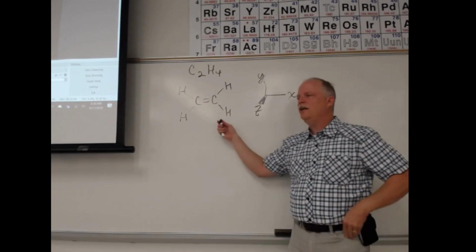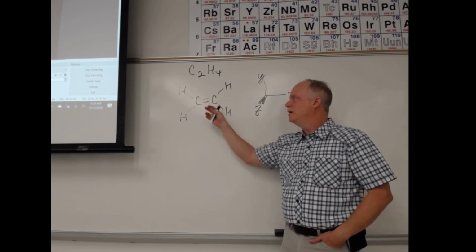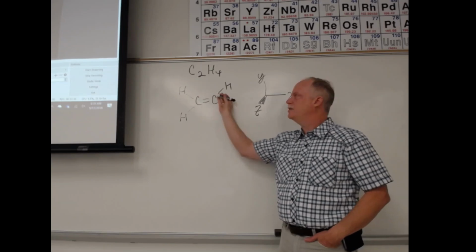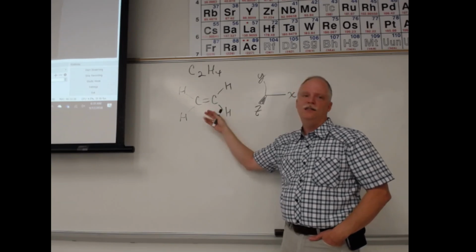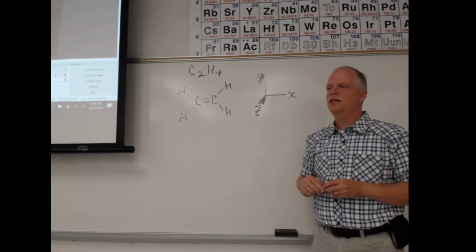This one is tricky to assign the Z-axis because we have a C2 axis coming out of the board. We have a C2 here and a C2 there. What is the symmetry of this one? D2h.